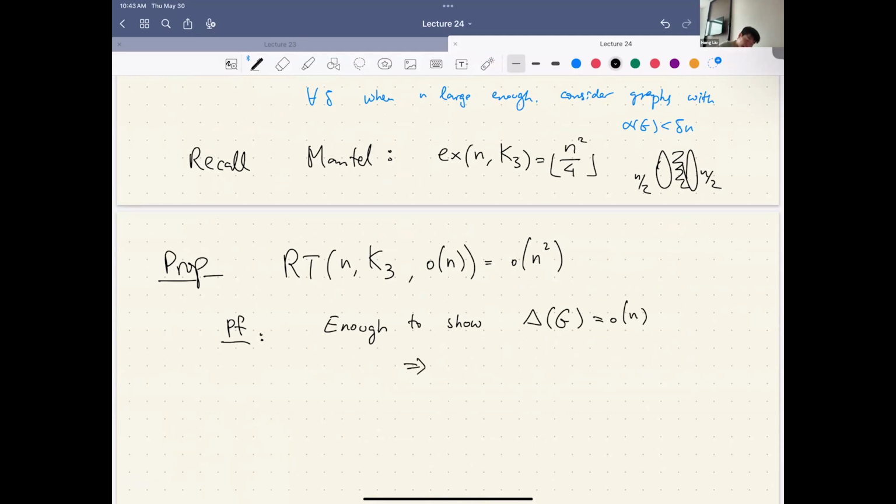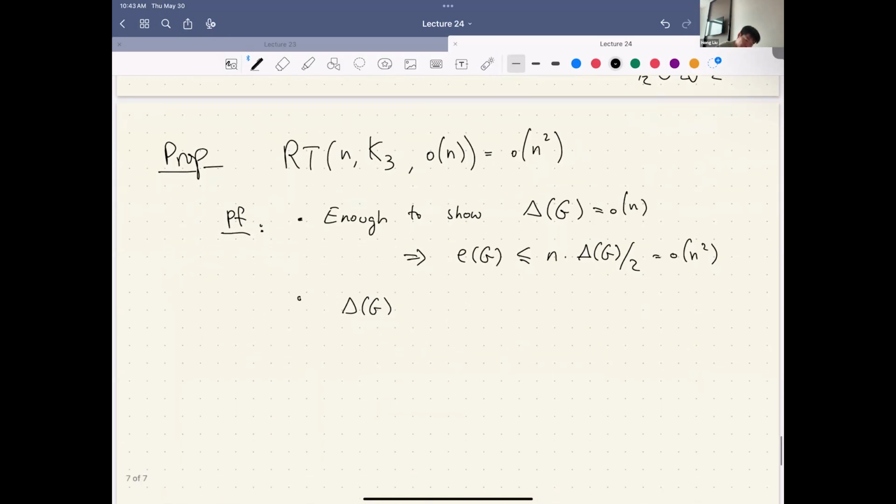Because then that will imply e(G) is at most n times Delta(G) divided by 2, which is little o(n squared). And this proof is also simple. Delta(G): look at every vertex v.